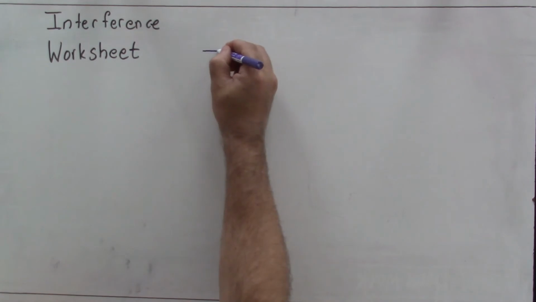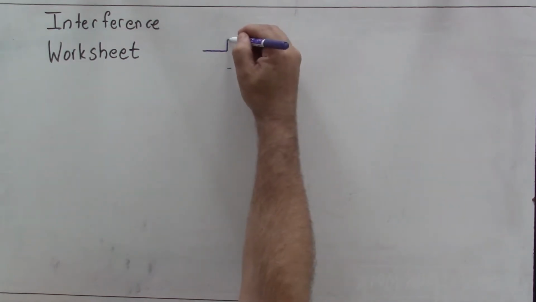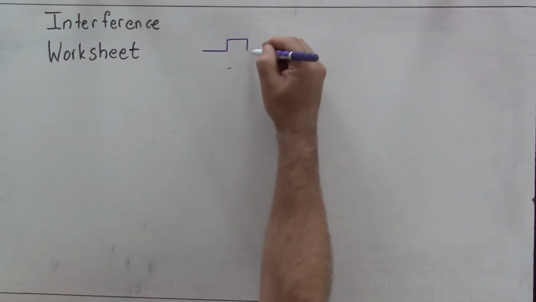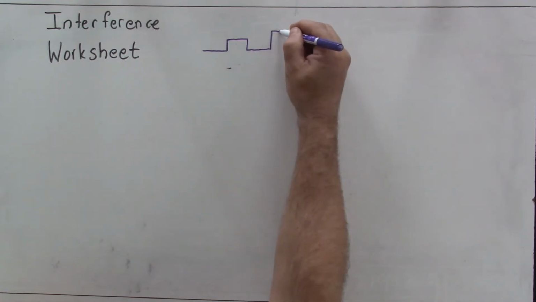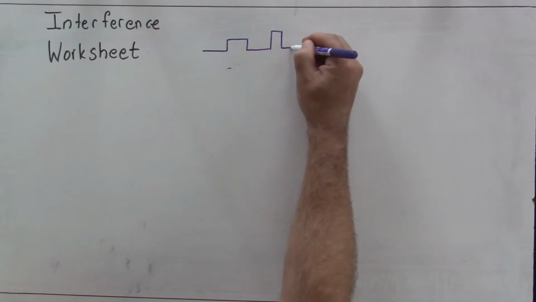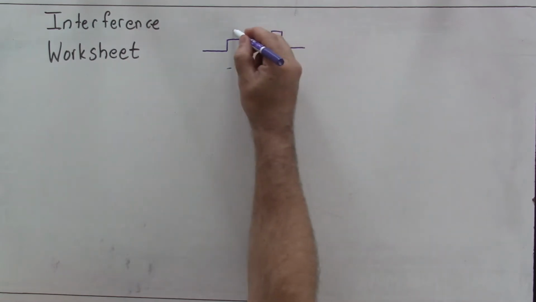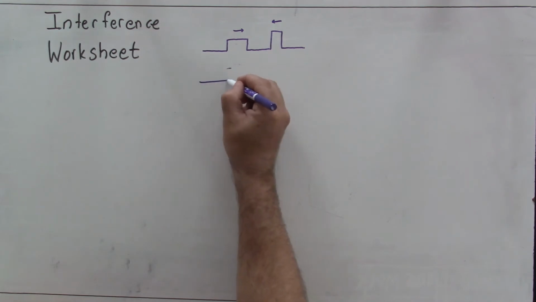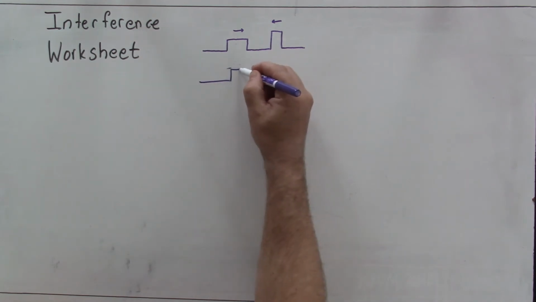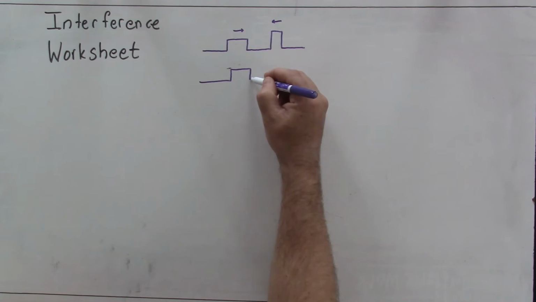So I have my 2 high here, moving toward a 3 high, which is over here. But what you're going to notice is that the width of this one is a little bit shorter. So this is moving to the right, this one's moving to the left. After a moment, this one has moved 2 spaces to the right. This one has moved 2 spaces to the left.